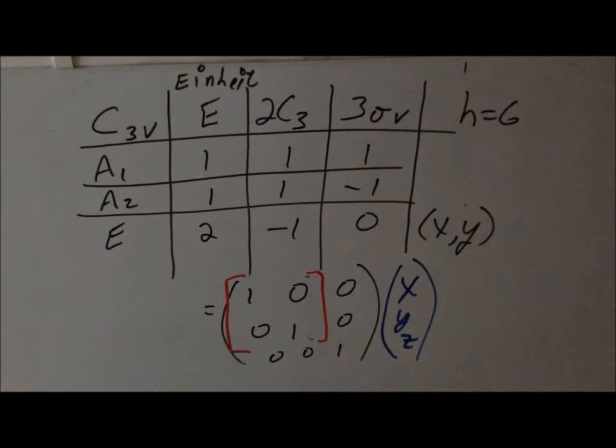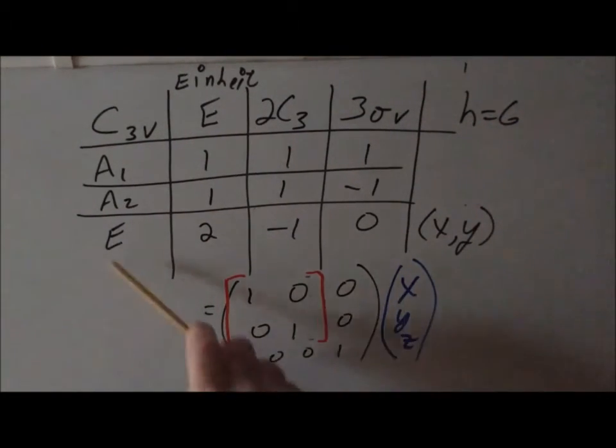What it means in a group theory context is that x and y are interrelated to each other. So we actually have a doubly degenerate representation here. Both functions are interrelated, and those interrelated functions will end up being degenerate. They have the same energy. So the way we recognize that, among other things, is we notice that the character here is a 2.